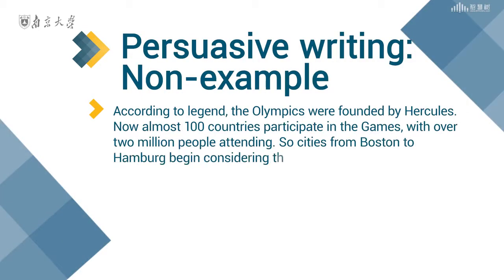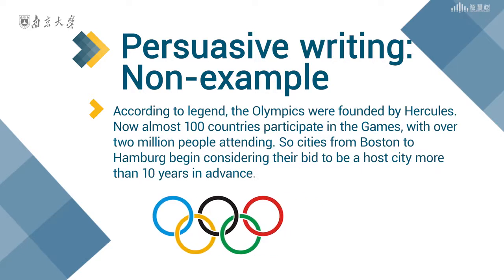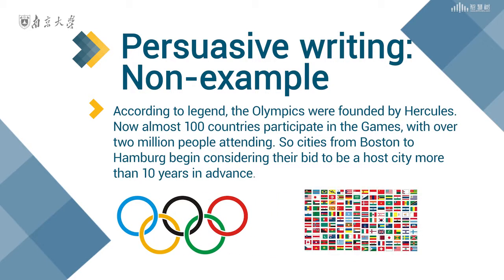Now we are going to have a look at a non-example of persuasive writing. According to legend, the Olympics were founded by Hercules. Now, almost 100 countries participate in the Games, with over 2 million people attending.